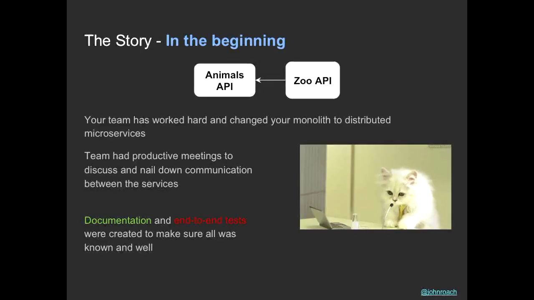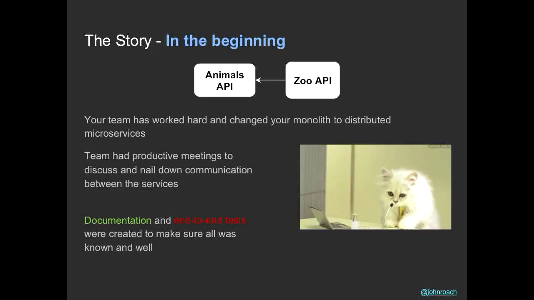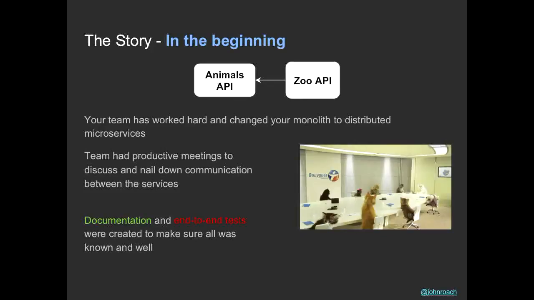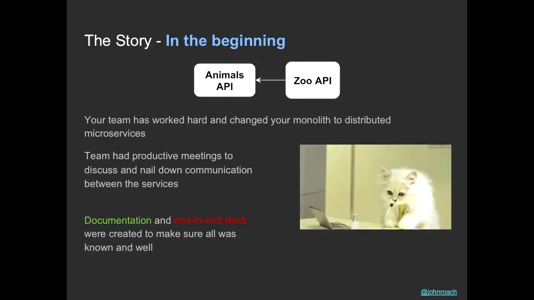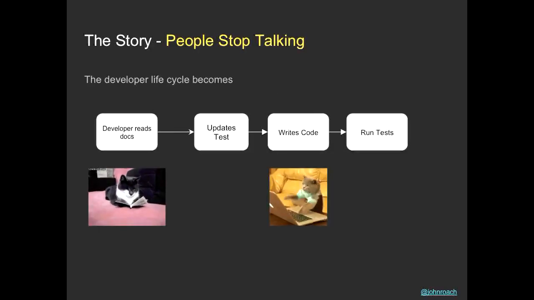So everything starts with a story, right? The story is very simple. We had this one team that was working on a zoo application, let's say, covering the happy paths, and they went on their merry way. So the developer lifecycle looked something like this.